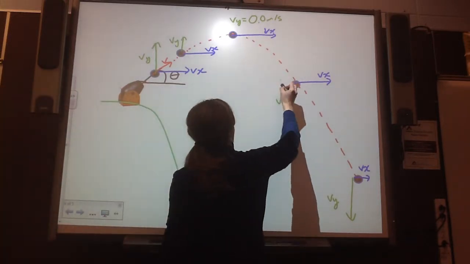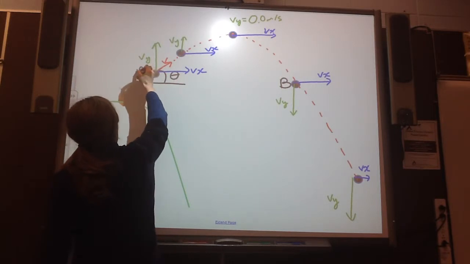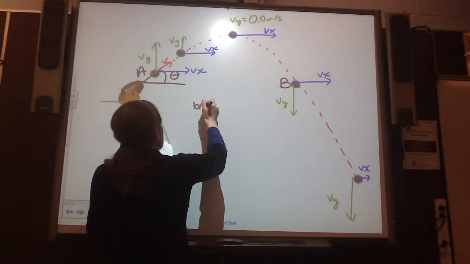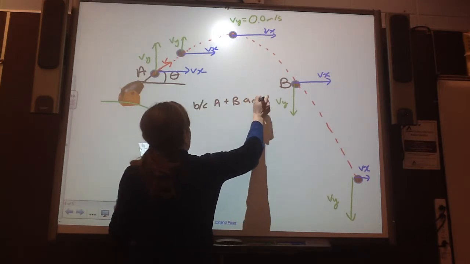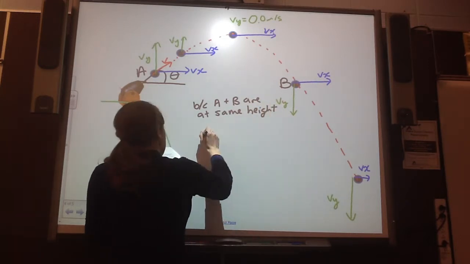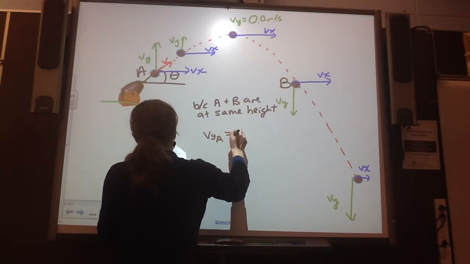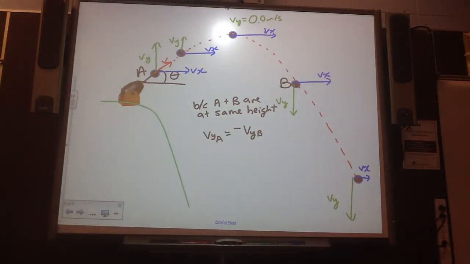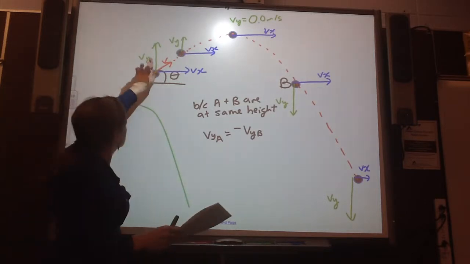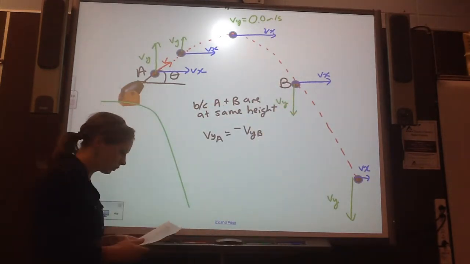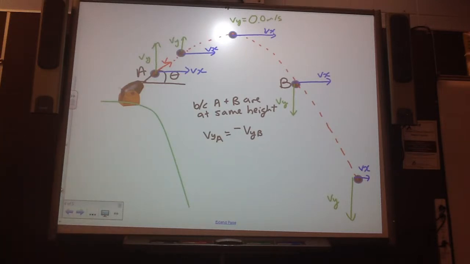So let's call this one B, and let's call this spot where it's initially shot out A. So I can make the assumption that because A and B are at the same height, my Vy A is equal to negative Vy B. So this vector is the equivalent to the negative of this vector. Okay? Moving on.